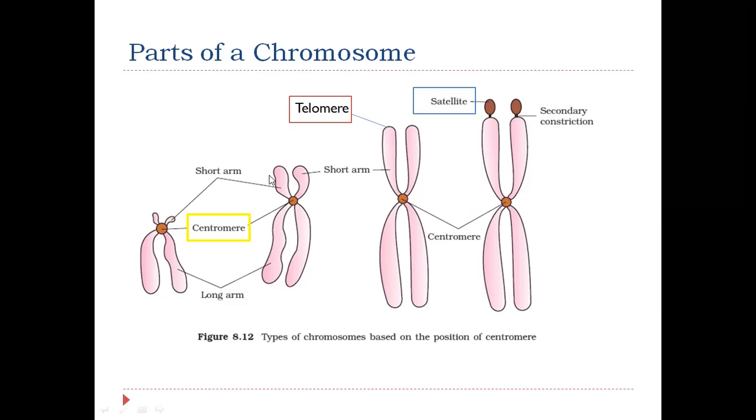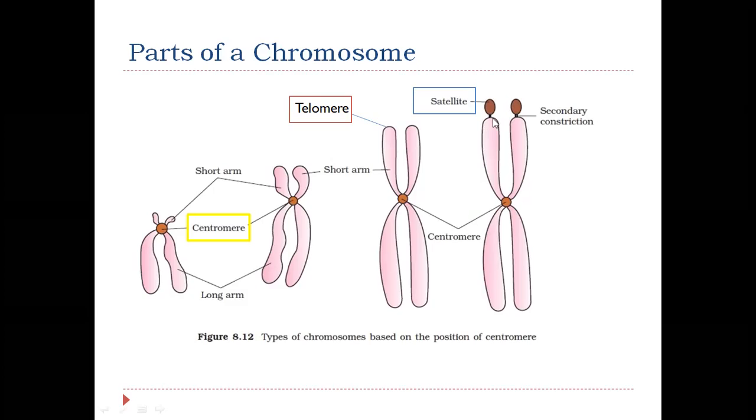Then the telomeres are repetitive stretches of DNA located at the end of the chromosomes. In many cells, the telomeres lose a bit of their DNA each time that the cell divides. But eventually, all the telomere DNA is gone. And then the cell, or the chromosome in this case, won't replicate anymore and it dies.